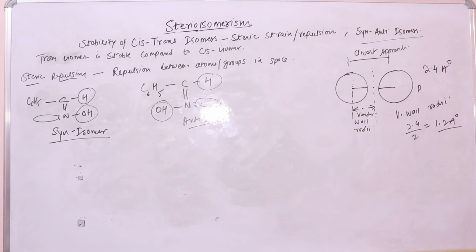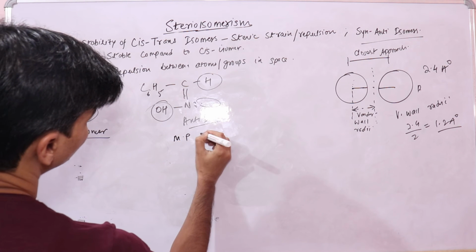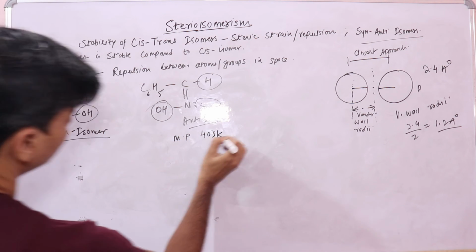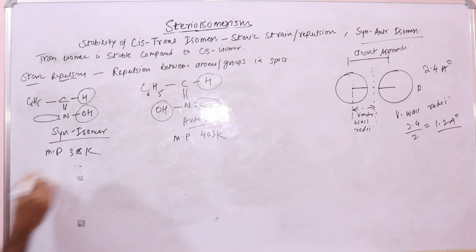Now the physical and chemical properties would again be different. The melting point of syn isomer in this case is 308 Kelvin, while that of anti is 403 Kelvin. Physical properties are different, right?